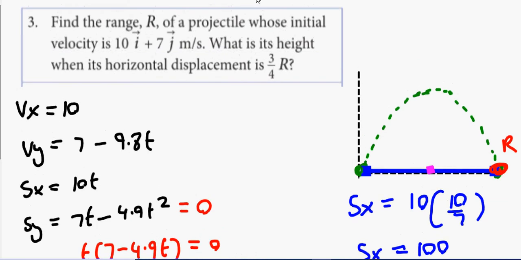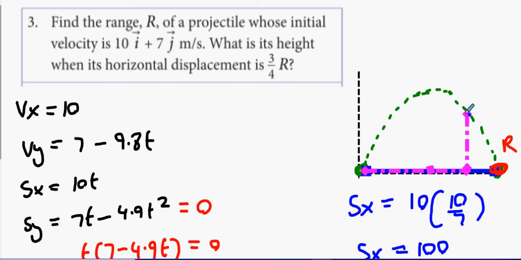I was thinking of another question. Here's what you need to do. You basically go 3/4 of the distance along, and what you're looking for is the height above ground at that point there. Is that okay? So, sorry guys.